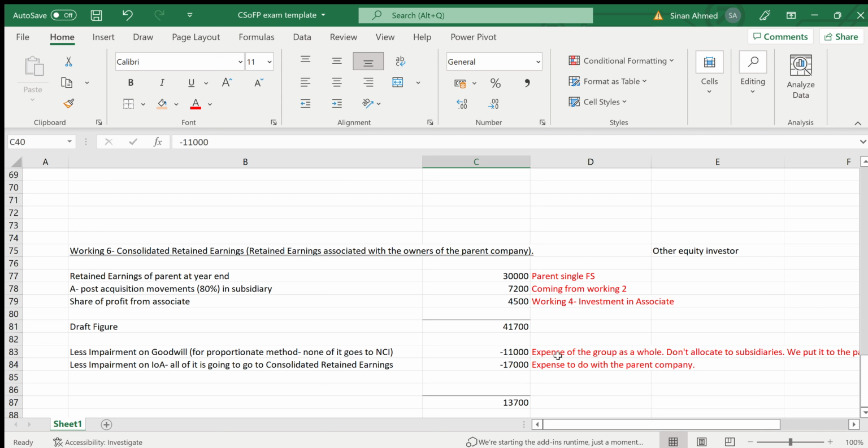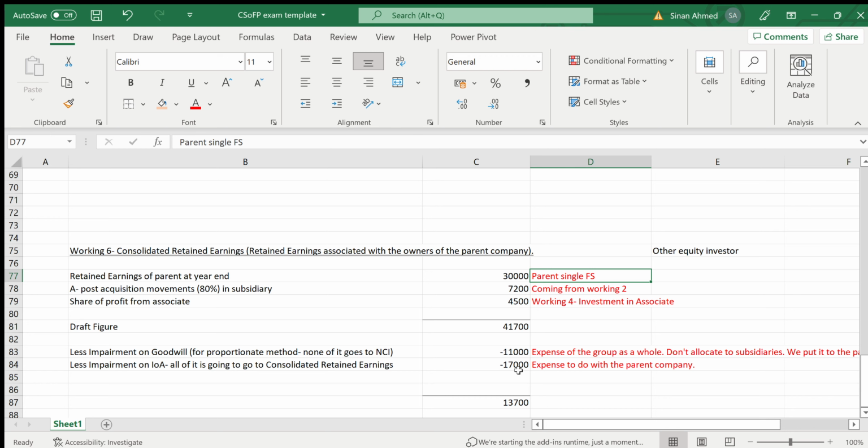Okay. Now, I just want to point out as well, we allocate this to the parent company because we can't allocate it to the subsidiary. The parent is the one who's buying the subsidiary, so we allocate it to the parent. And I just want to point out the £11,000, you won't find that in the single financial statement. This is just arising as a result of the consolidation process.